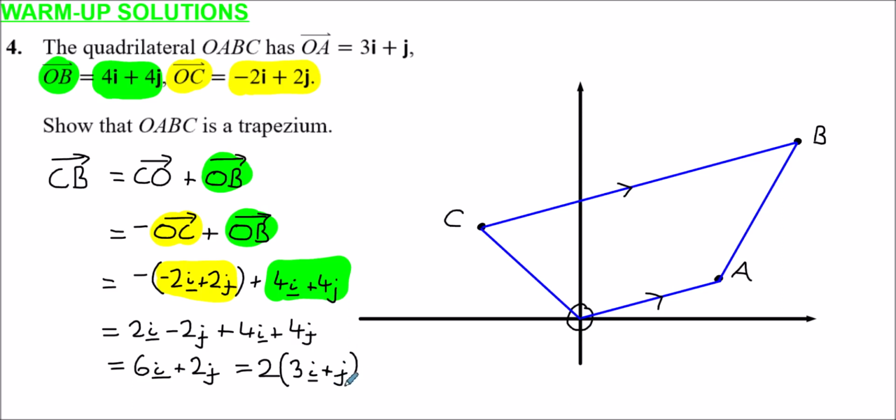But if we return to how these position vectors were derived, how we set them out to be, 3i plus j, if you notice, is actually OA.